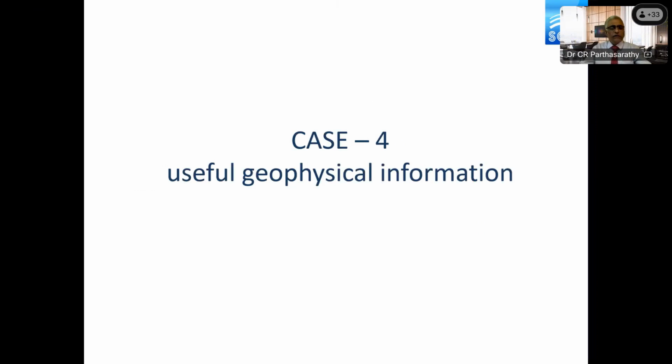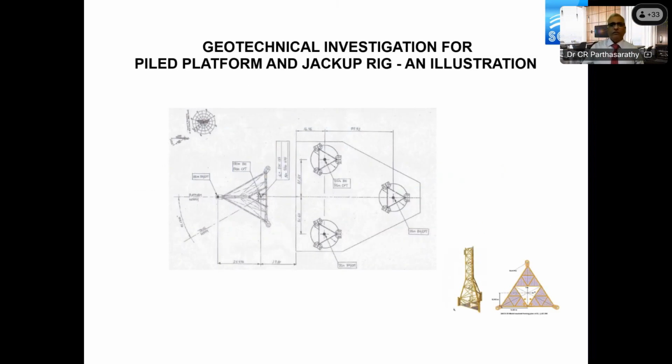Another set of data with the geophysical information which can be useful to make decisions is a tripod jacket. Once it is installed, the jackup rig was planned to come to the location. It's always customary that you should get the geophysical information ahead of the geotechnical investigation.